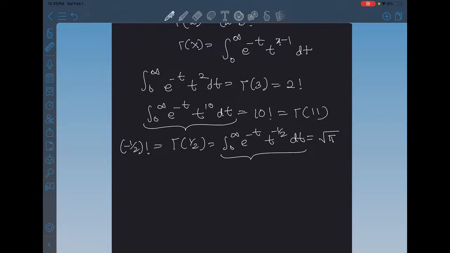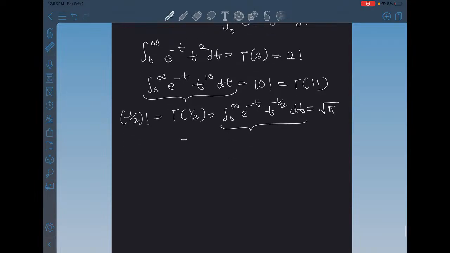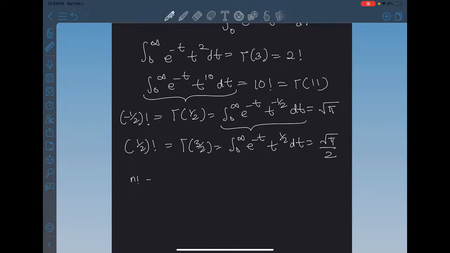Are you getting it? Since we have an integral definition, we can extend the factorial to any real number. Similarly, gamma of 3 by 2, if we find it using this integral, t to the power half times e to the power minus t dt, you get root pi over 2. This is also the half factorial. You can also get this result using the fact that n factorial is n times n minus 1 factorial.